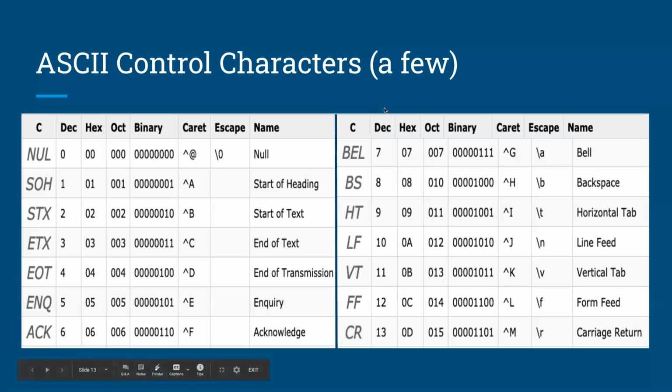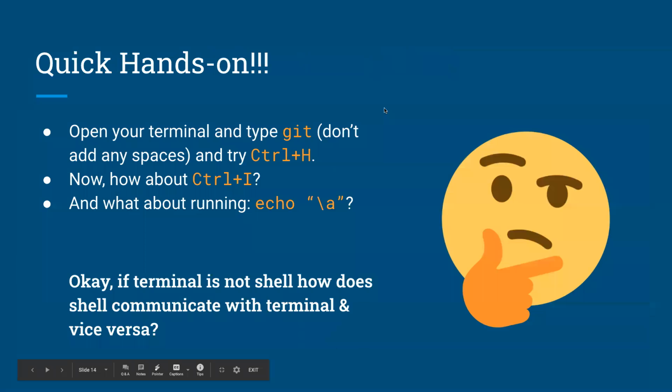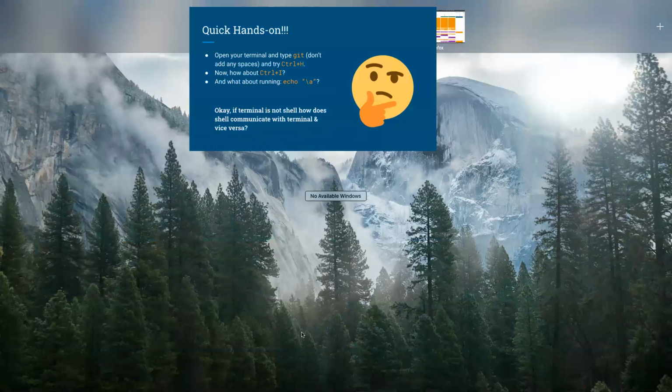Okay. Let's do a quick hands-on. Can you guys open up your terminal and try and type this? Type git without any spaces and do a Control H. What happens?